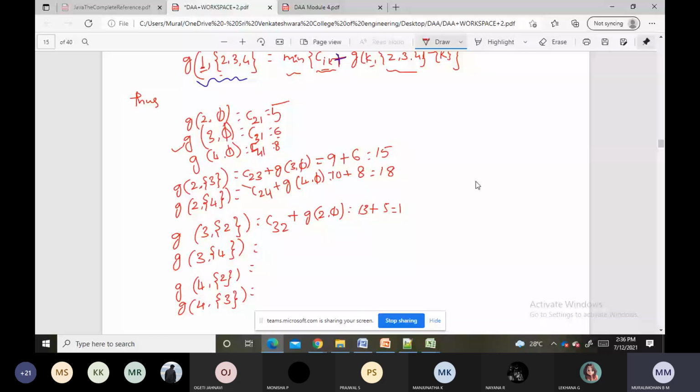Similarly, calculate this. So it is C of 3 to 4, plus G of 4 to 1. If you see this graph, then you can easily understand.